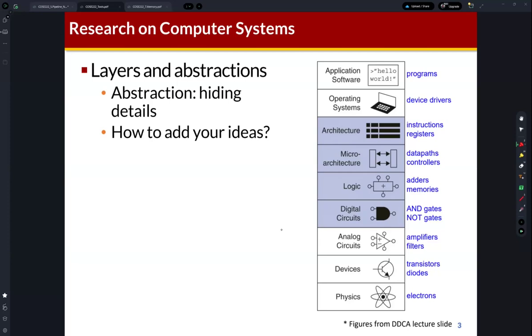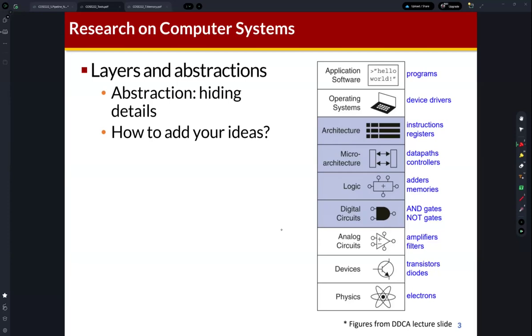Then how can we implement our idea on software? We can just write the code, compile the code, then execute our compiled code. Then we can implement our ideas on software. So it's easy and simple, right?